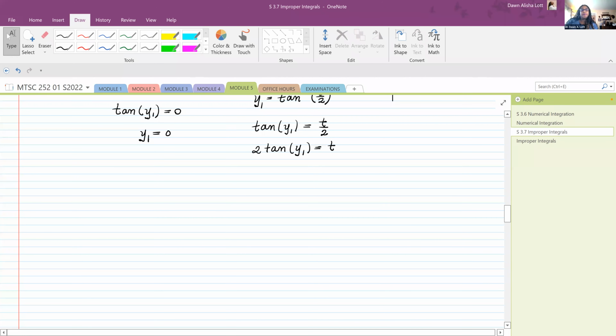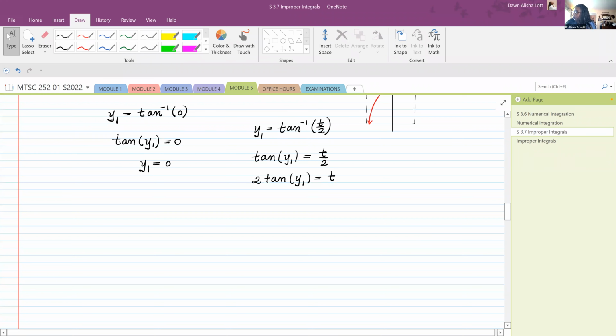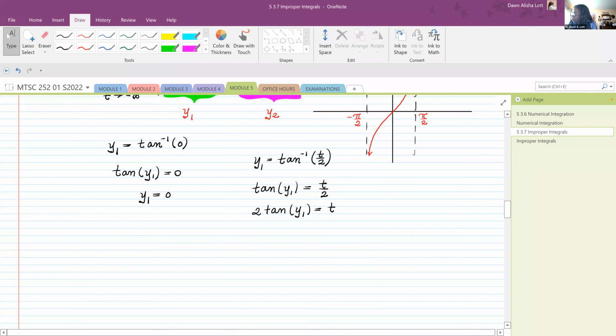So the limit as t goes to negative infinity of the tangent of Y2 is t over 2, which goes to negative infinity.